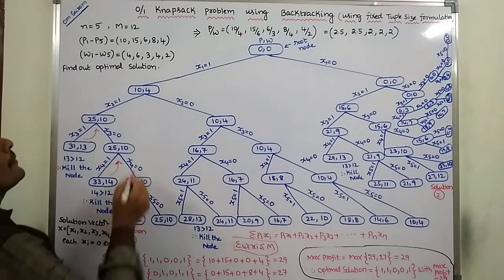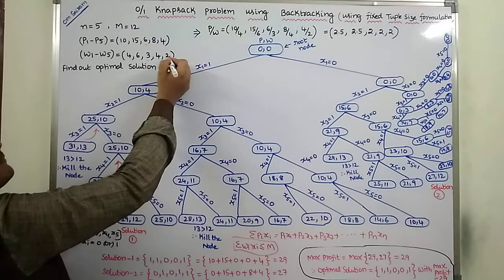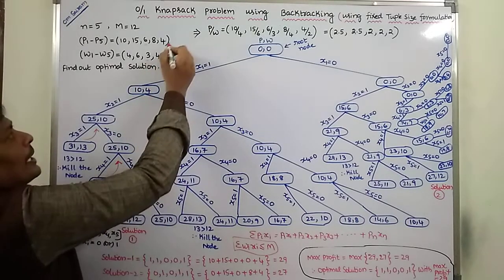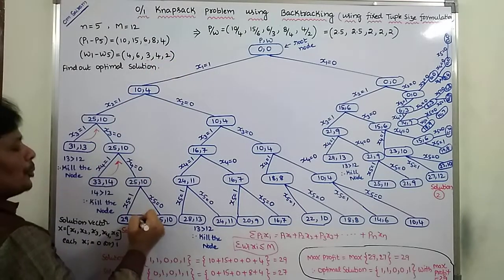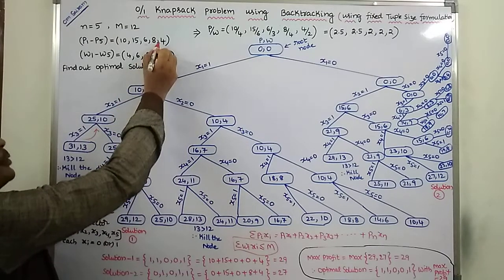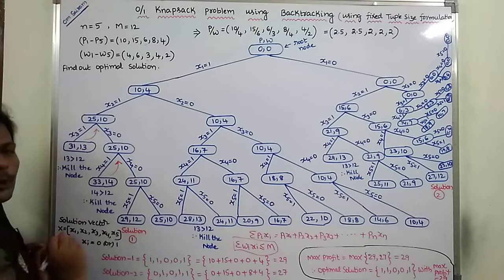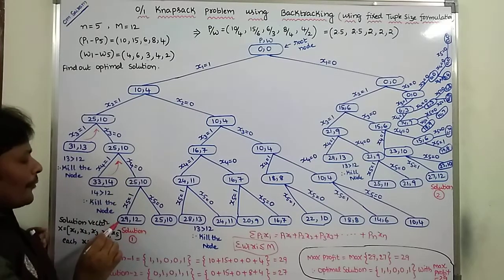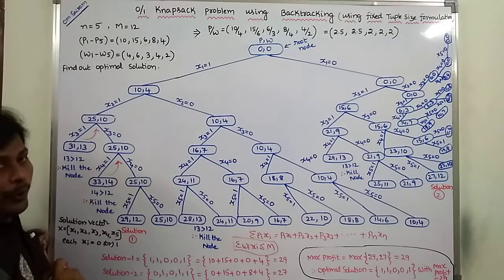What is the fifth object's profit? Fifth object profit is 4 and weight is 2. So 25 plus 4 is 29, and 10 plus 2 is 12. After considering the fifth object, the profit value is 29 and the weight value is 12.